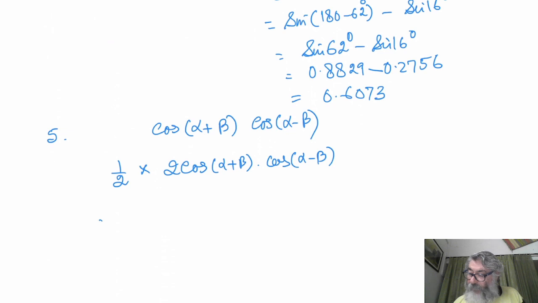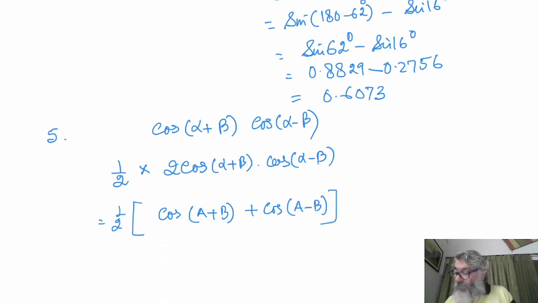So it will become what? Half of 2 cos A cos B, which is actually cos A plus B plus cos A minus B.